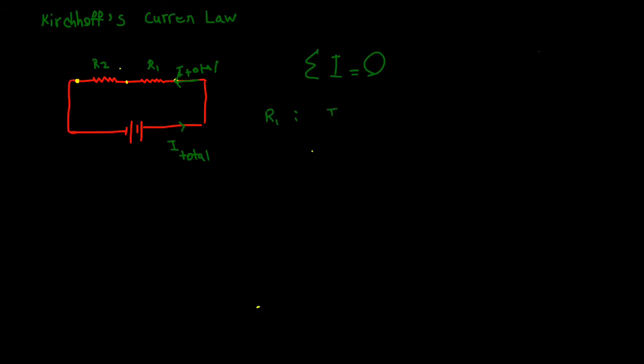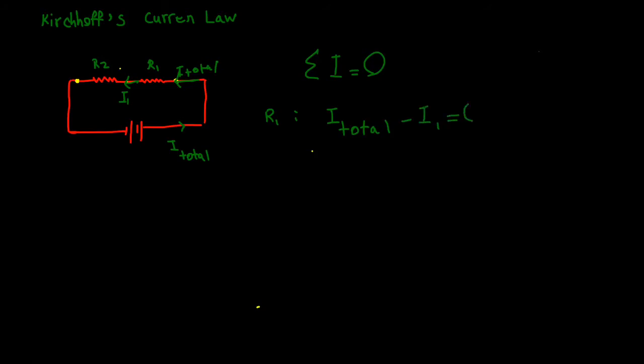So I put this one as positive, and then this I going through resistor 1, I want to name this one I1. This is I going through resistor number 1, and because it's going out of this one, I put it as negative.